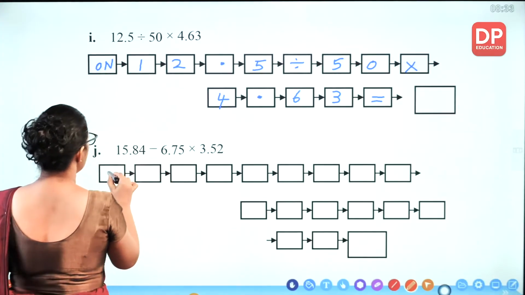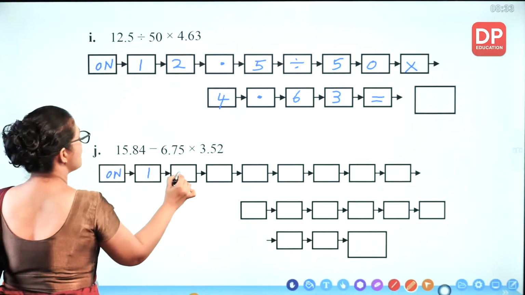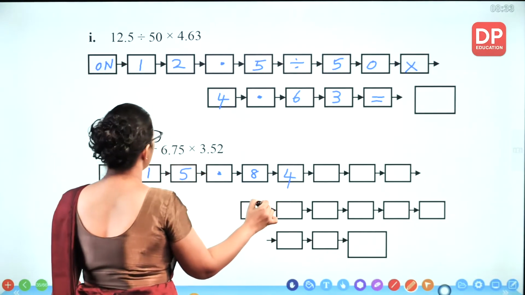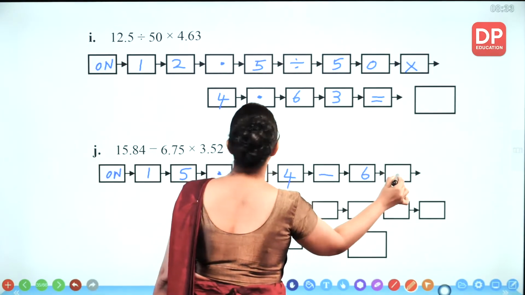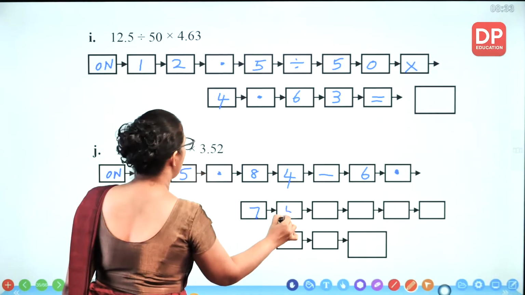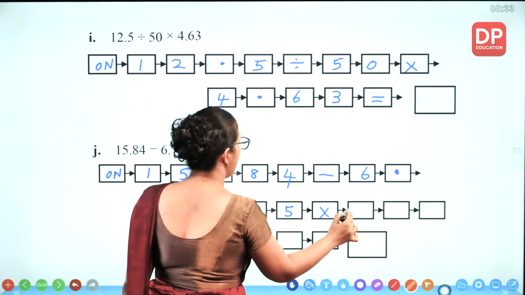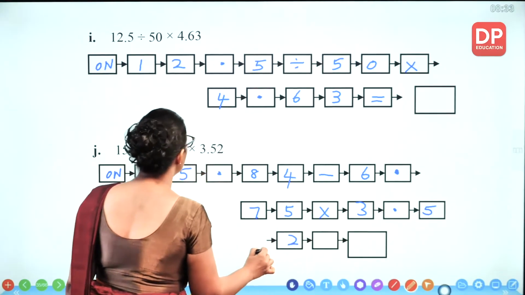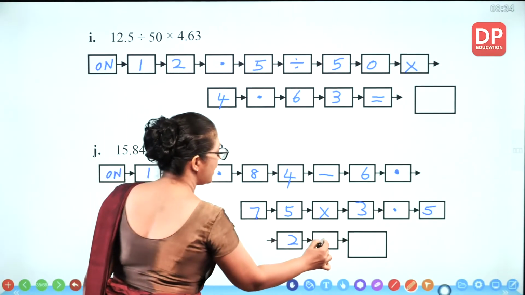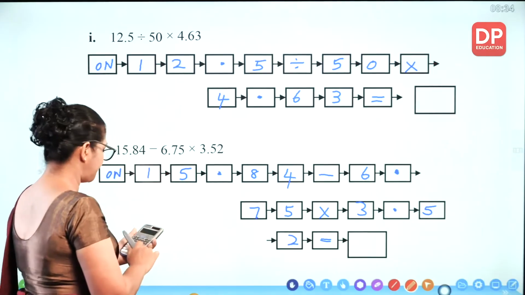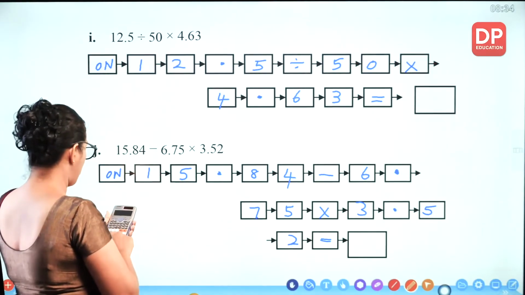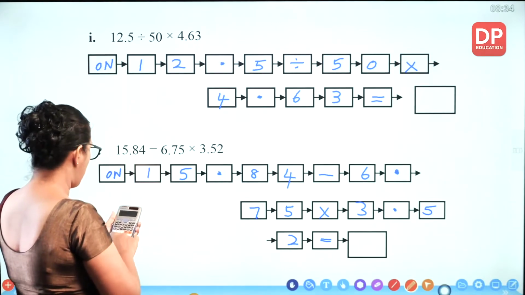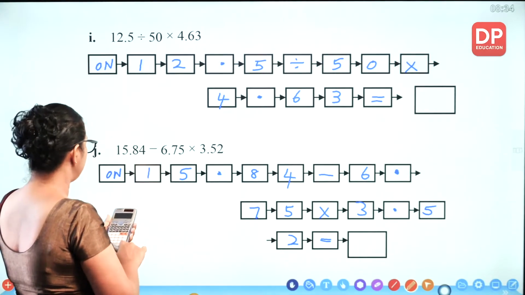Here, this one, you get 15.84 minus 6.75 multiplied by 3.52. 12.5 divide by 50, multiply by 4.63.